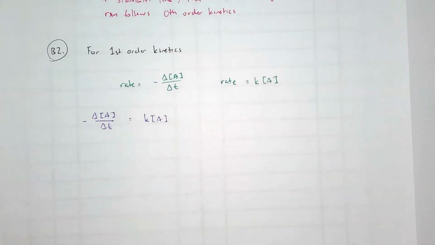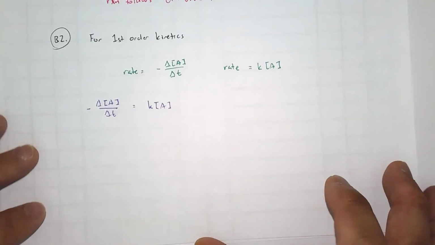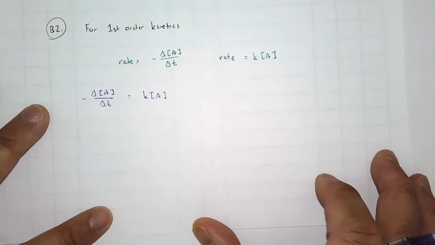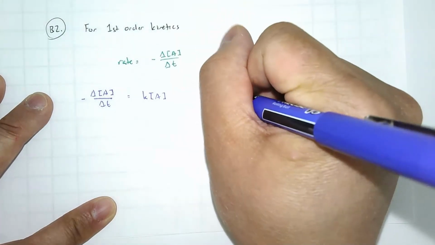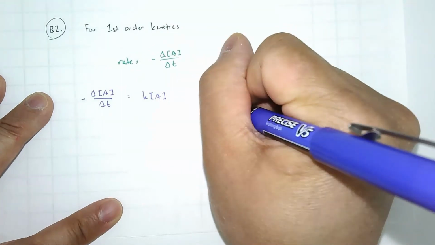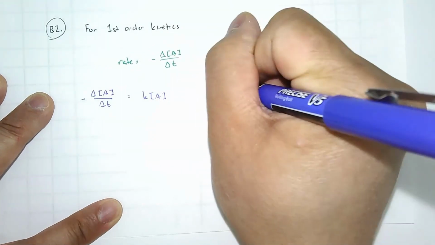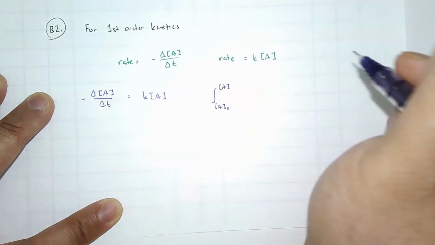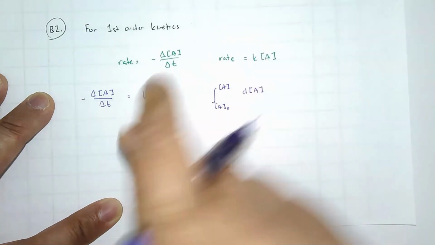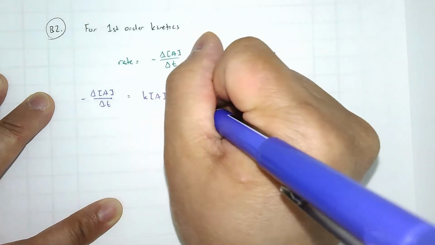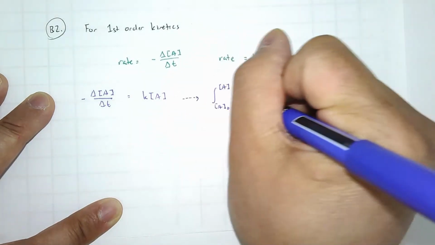So next is taking the integral. Honestly, I'm not sure how to do the calculus myself, but what you're doing is you're taking the integral again from the concentration of A at time 0 to the concentration of A at some time t, and it simplifies this equation, simplifies to this.